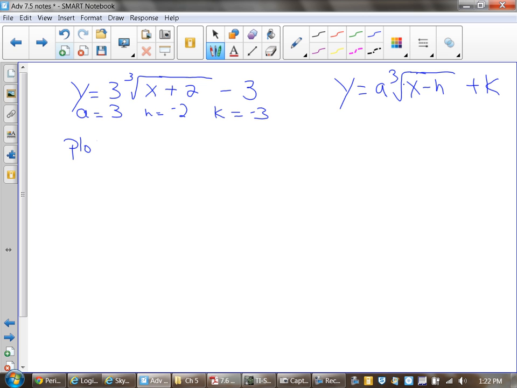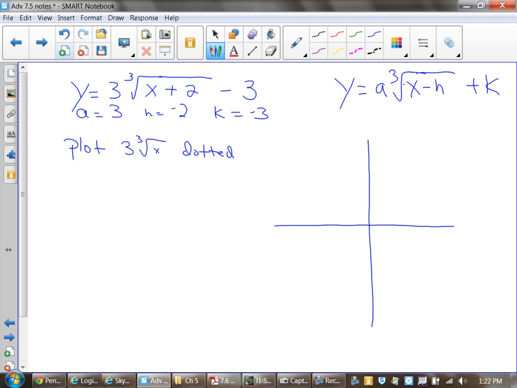We're going to plot the parent function, dotted. Always plot the parent function first. Use those same 3 points, plus, minus, 1, and 0.